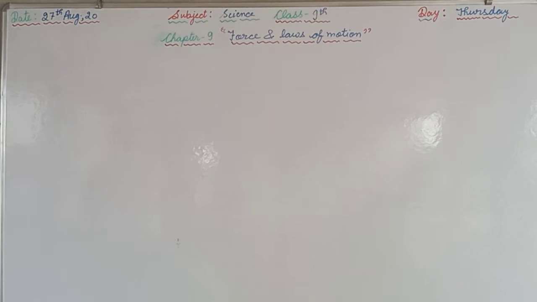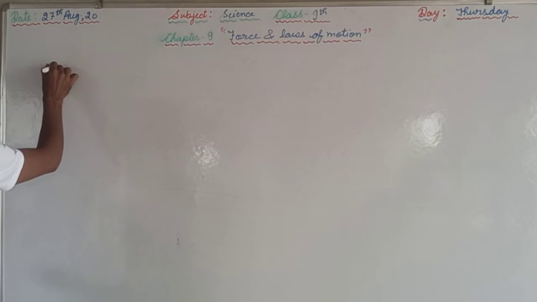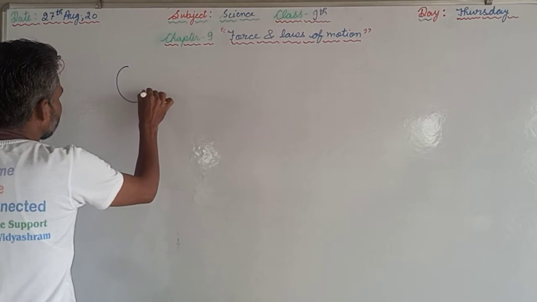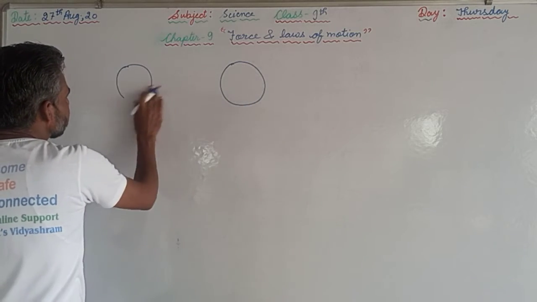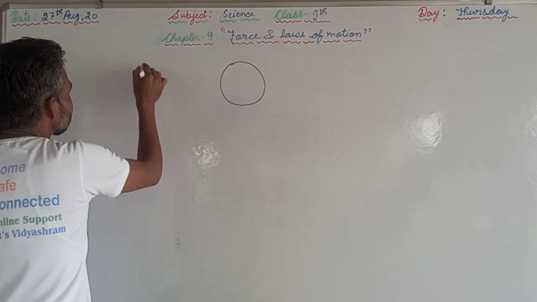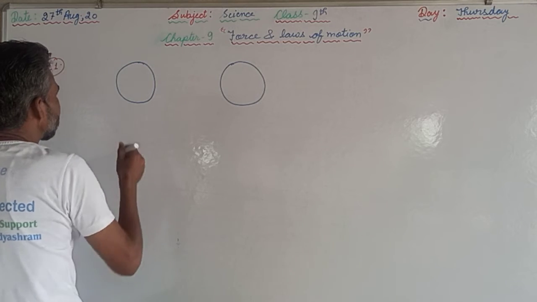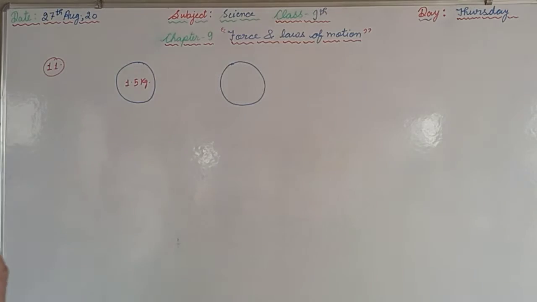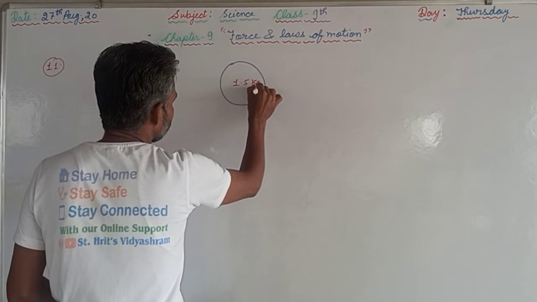In question number 11, two objects are there of the same mass, like this. So the mass is 1.5 kilogram each, 1.5 kilogram and 1.5 kilogram.